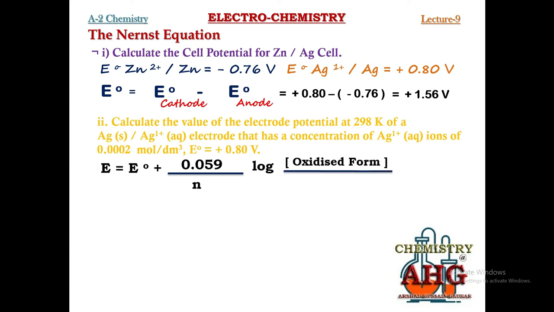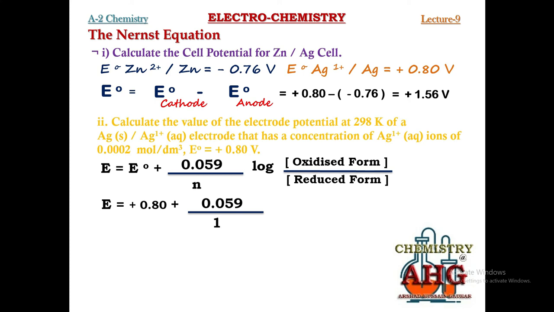Insert the values. E naught of the silver half cell, the standard electrode potential, is positive 0.80 plus 0.059. The number of moles of electrons would be 1, because you can see the change in oxidation state from 0 to 1 positive.